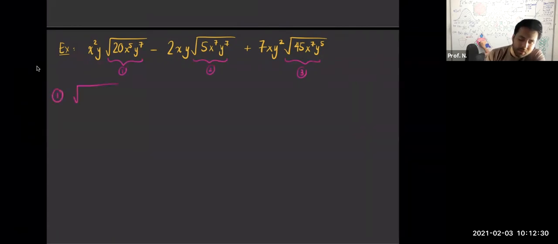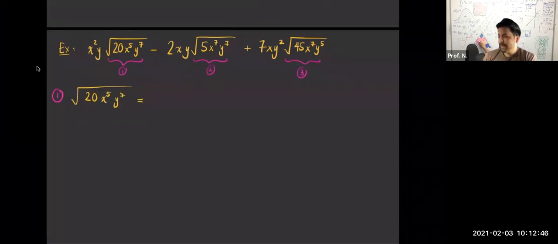How do you break down the square root of 20x to the 5th y to the 7th? Can we break it down?